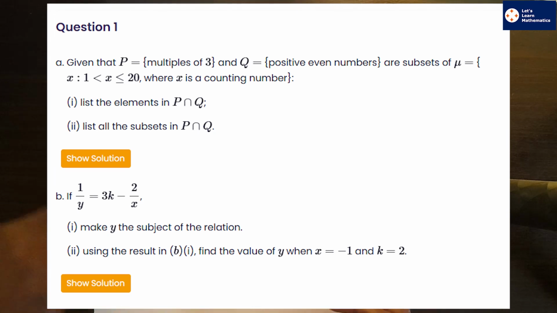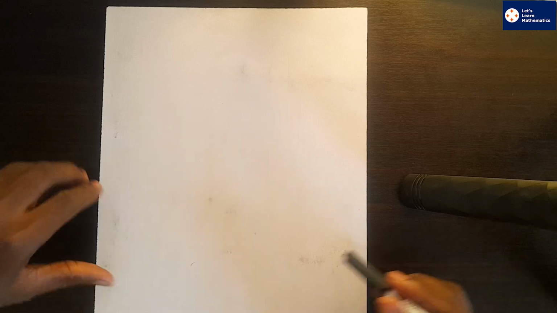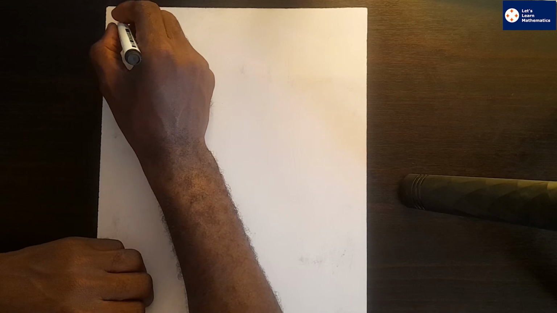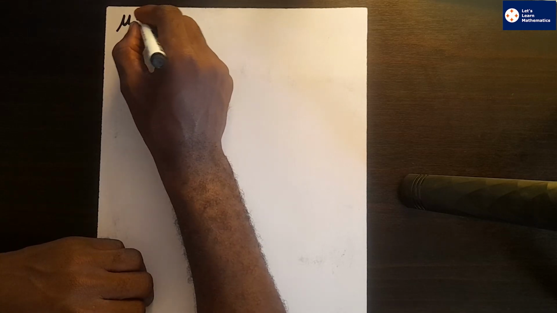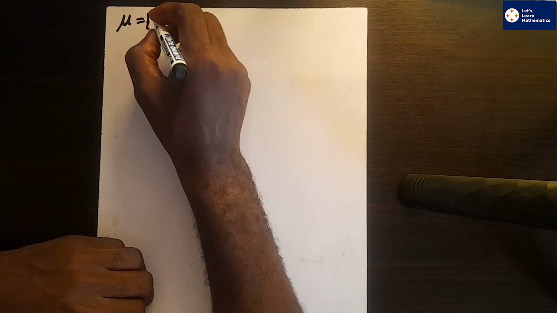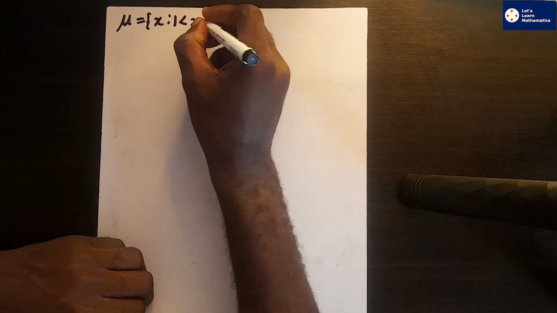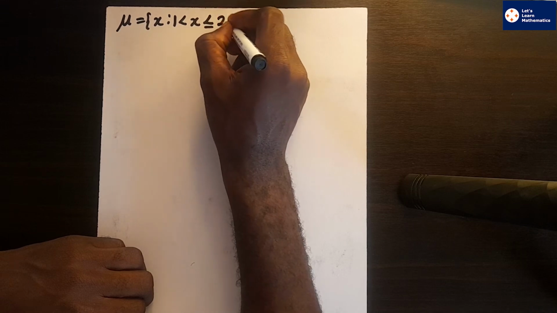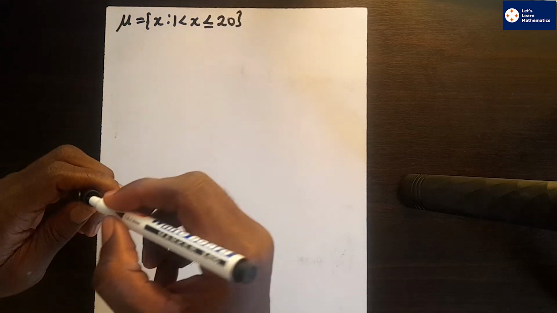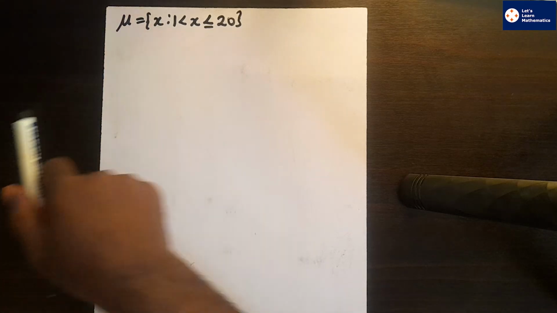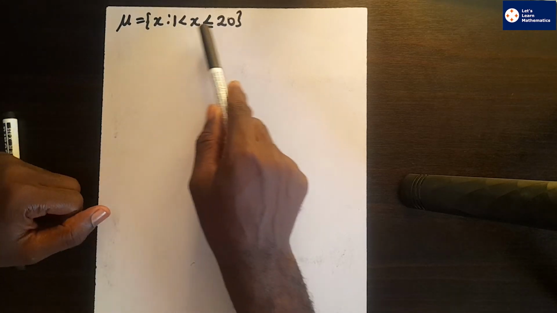So first of all, we have to list the elements in the sets that have been given. The first one that we'll list is the universal set. The universal set is a set that contains X such that 1 is less than X less or equal to 20. So 1 is not part of the set, but 20 is.